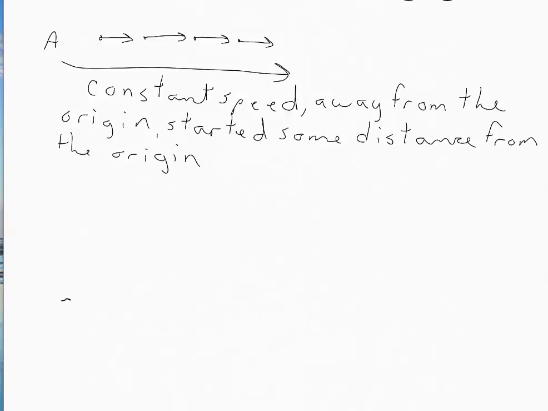So we could easily make a position time graph for that. And it would be very similar to ones that we looked at in class last week. And keeping in mind that it is not starting right here at the 0 point, that has to mean that there is an initial position.